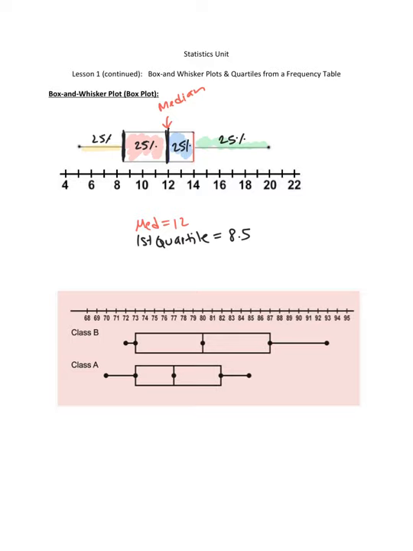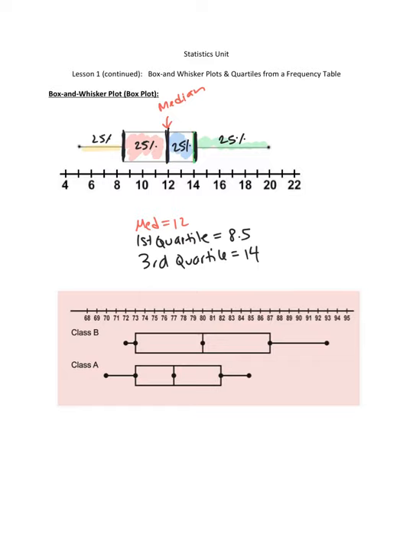And on the other side of the box, which I'll highlight in green, at 14, 14 is called the third quartile. That 14 value divides the upper 25% from the 25% below it.